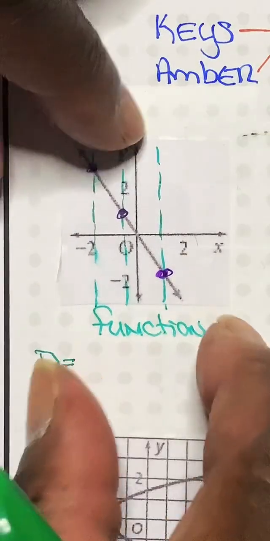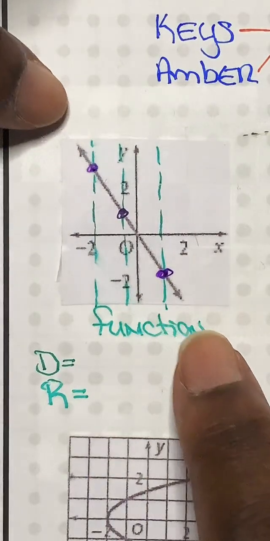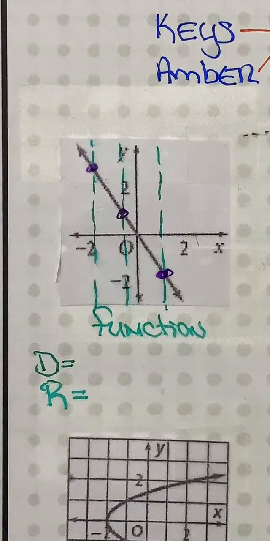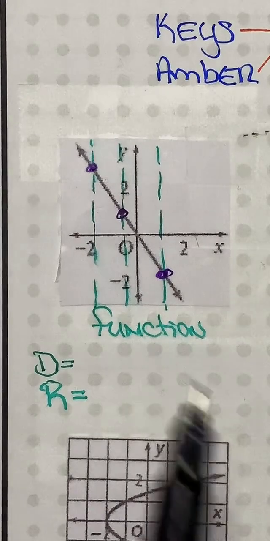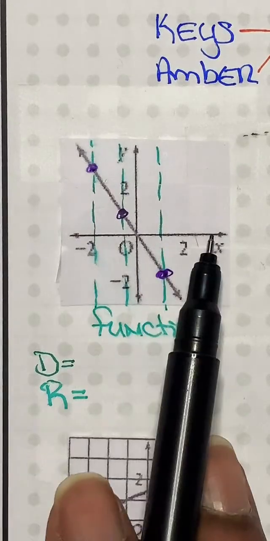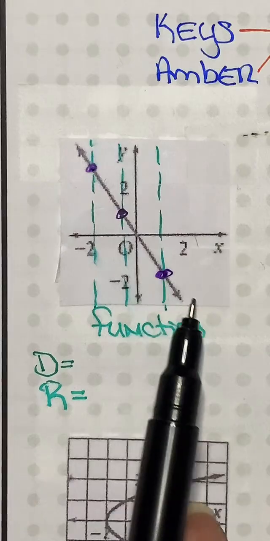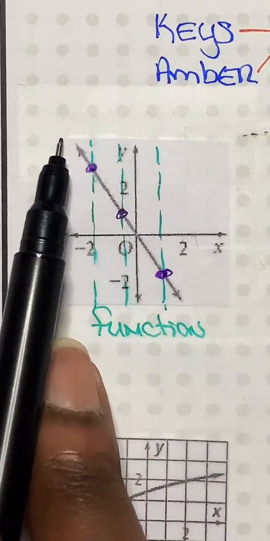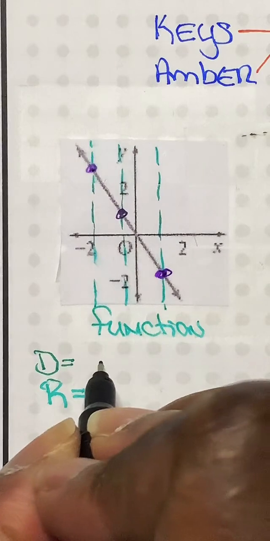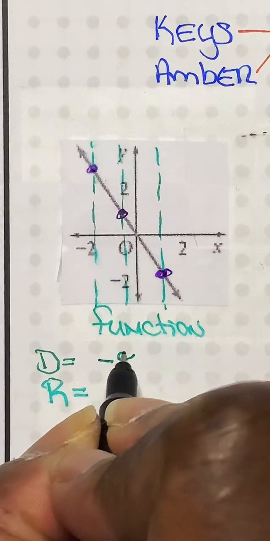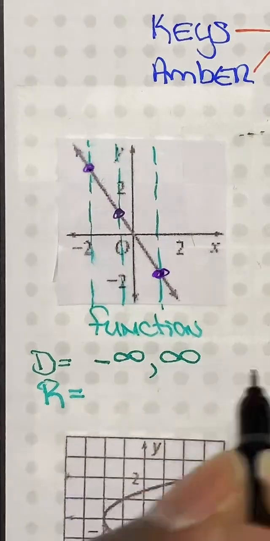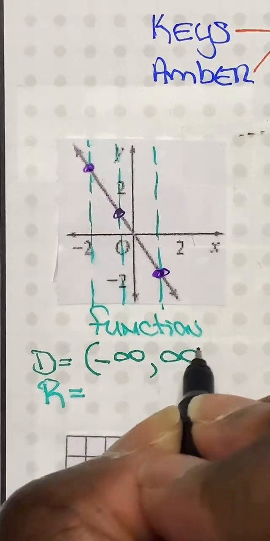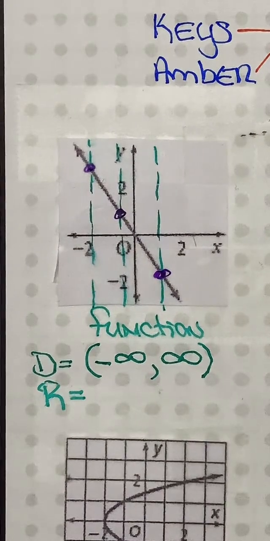Because if I expanded this paper, this line is going to keep going, all the way to positive infinity and negative infinity. So when it asks, what are my X's? Well, it's not stopping. It's going to keep going, as I said, to positive infinity and to negative infinity. And I'm going to write it as interval notation.